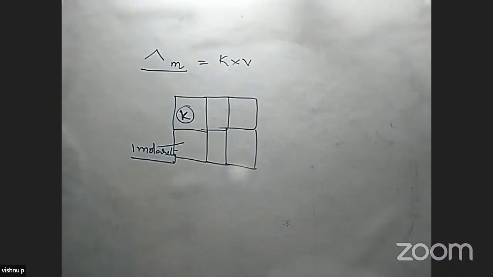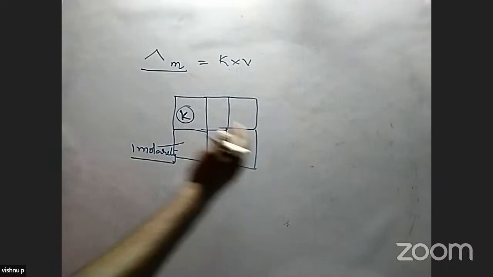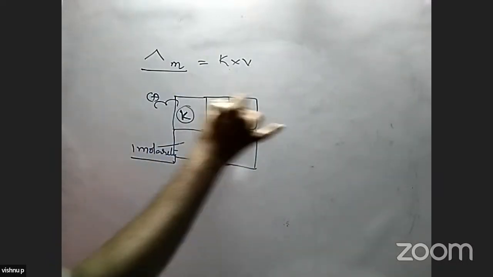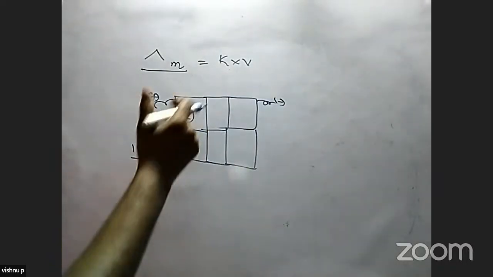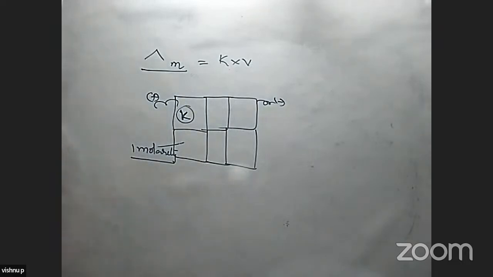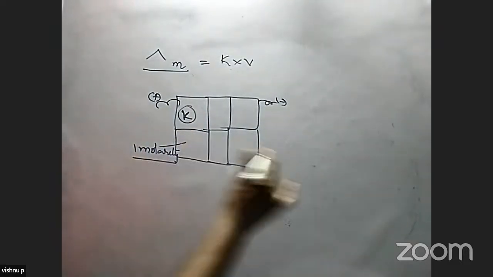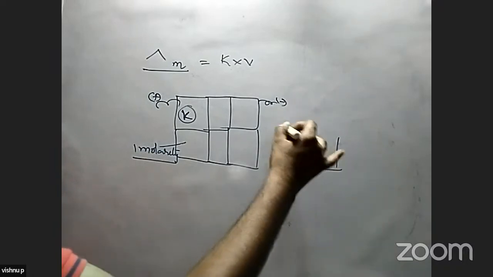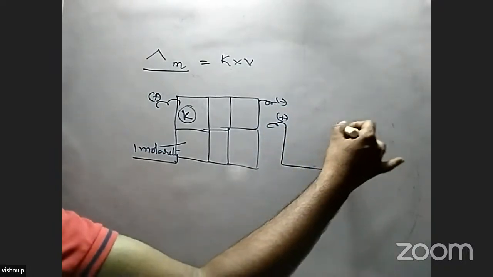What is the meaning of molar conductivity? It is the conductivity of 1 mole of electrolyte present in an electrolytic cell, where the distance between electrodes and the area of cross section are large enough so that the total electrolyte is accommodated. Total electrolyte we can place between these electrodes.